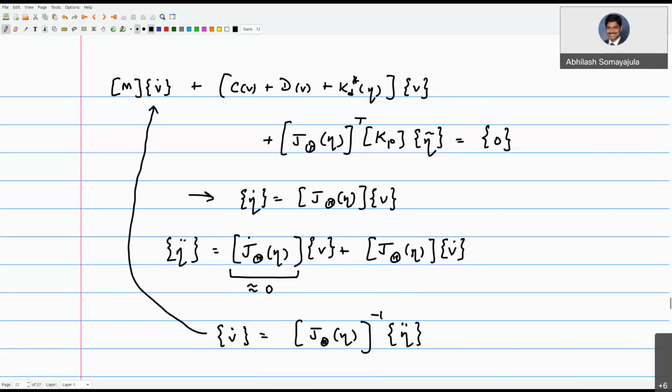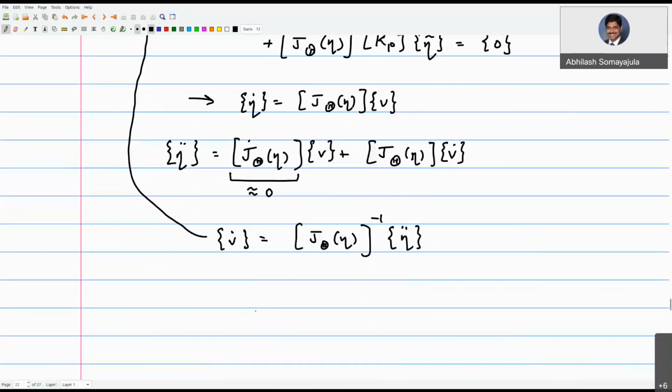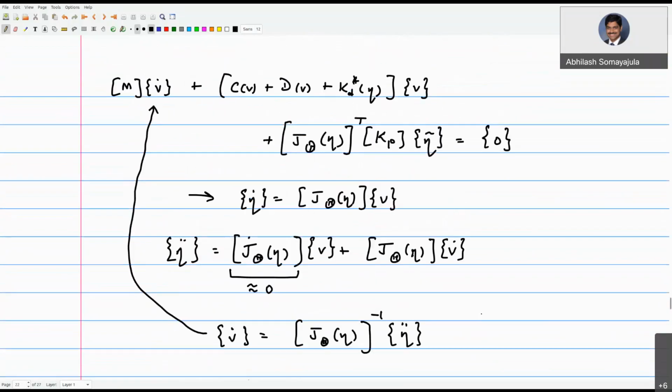So using the kinematics of the system, I can put v dot into here. What do I get? I'll simply get M times J of theta inverse times eta double dot, plus an additional term coming into the picture.